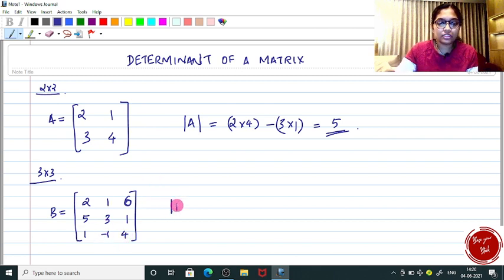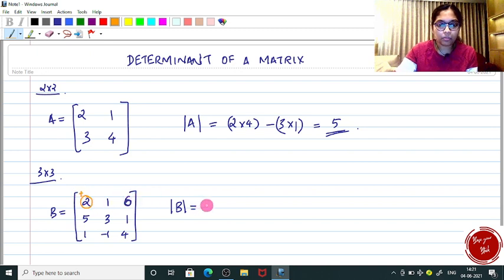The determinant of this matrix B is equal to, see what you have to do is first focus mainly on the first row. This is our first row, and we have to pick up each number in the first row stage by stage. Let us see. For the first row, the first element is 2, isn't it? I have to have positive 2 here.